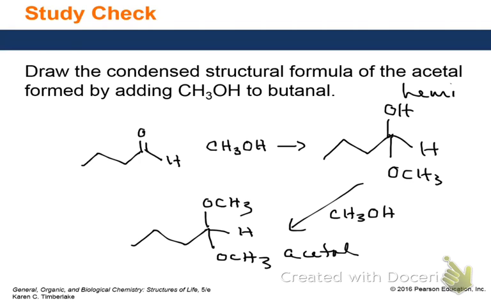What's the shortcut? Because it says acetal, how would you just know what to do there? You get rid of the oxygen, right? What do you add? 2 ether groups, 2 OCH3s, right? Yeah.